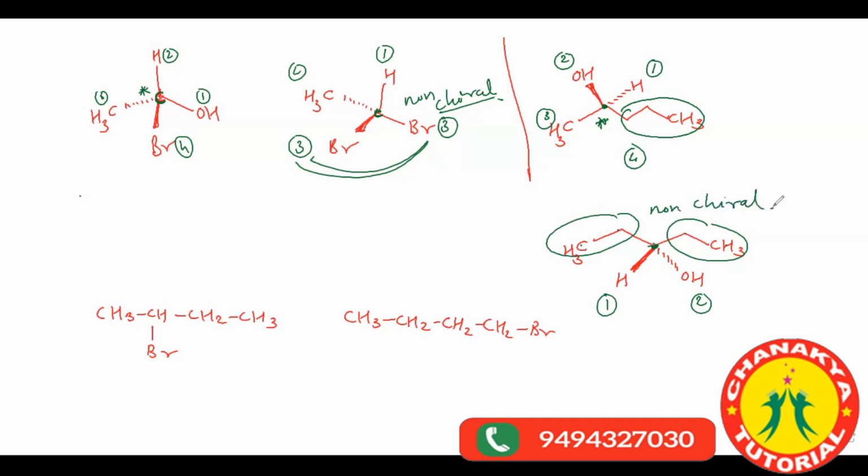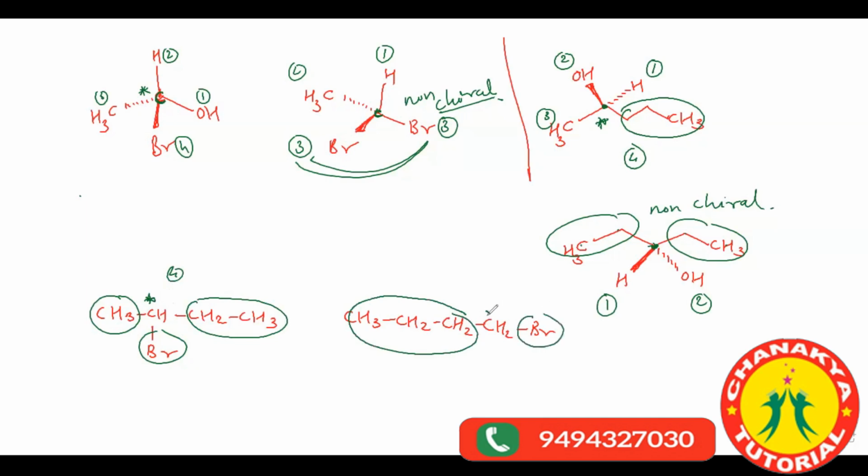Understood? Now if you check on this carbon, this is a CH3 group. This is your propyl group. Here is CH2, CH3 group. And lastly here, hydrogen. So 4 different groups, and hence it is chiral. But if you see this carbon, it is your first different group.